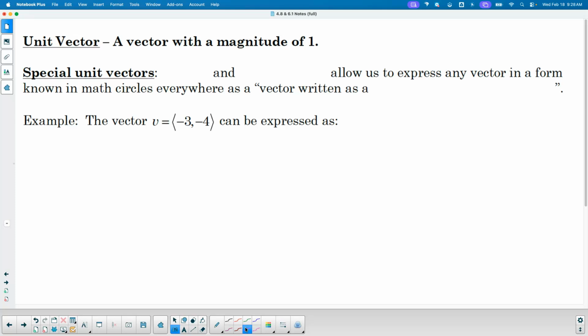Give me a vector, and I'll tell you if it's a magnitude of 1. Parentheses 1, comma 1. 1 comma 1 is not a unit vector because it's got a magnitude of the square root of 2.